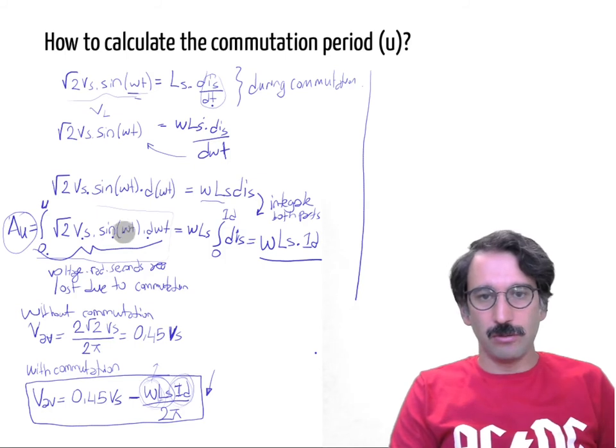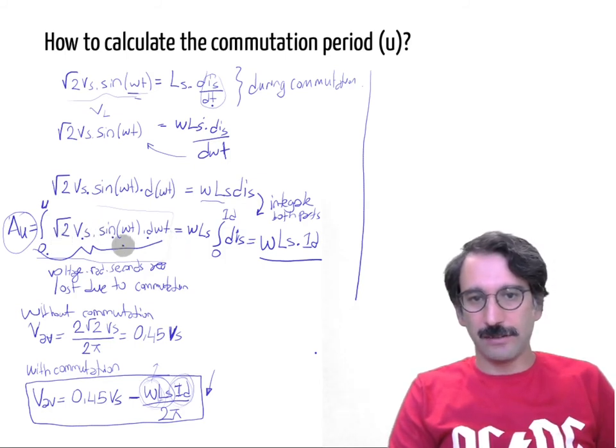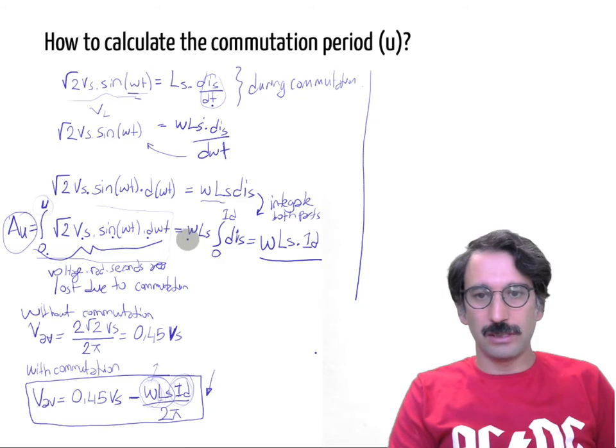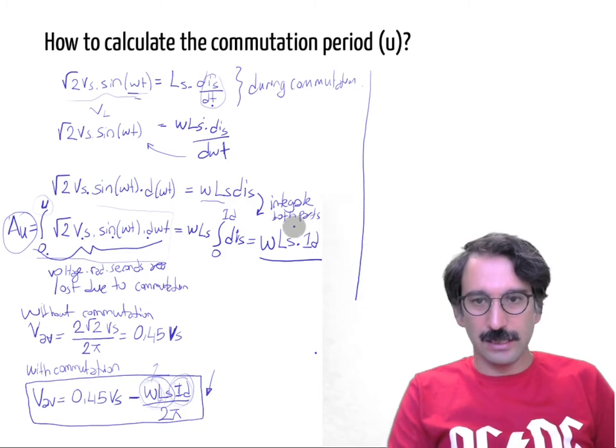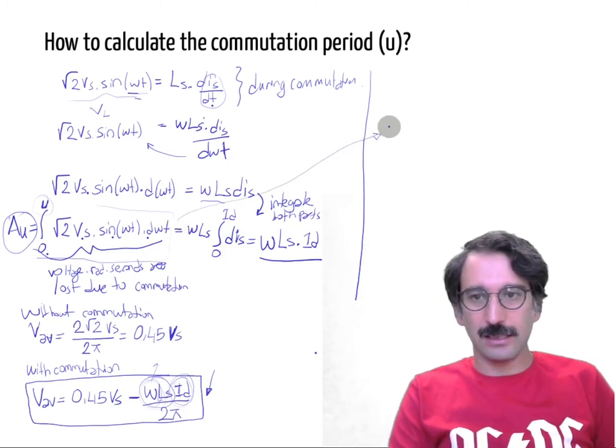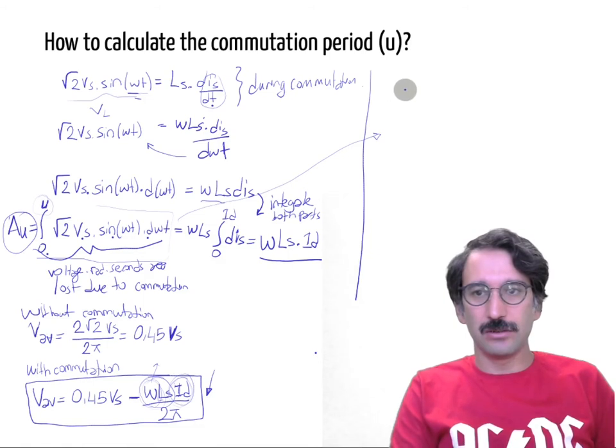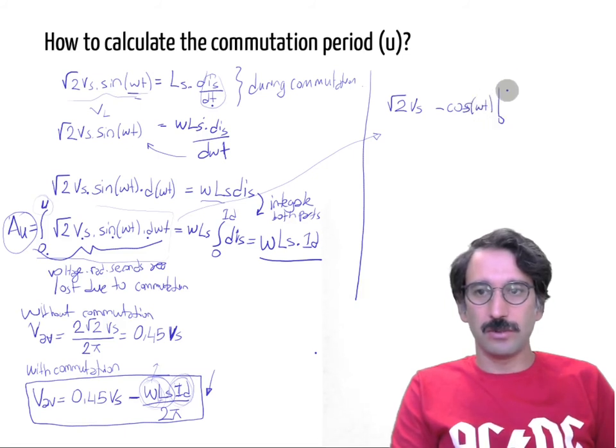So what I know is that area, and I know the current goes from 0 to Id. So let's take that integral. From 0 to u, square root 2 Vs sine omega t, it is basically square root 2 Vs, and the integral of sine is minus cosine omega t from 0 to u, right?